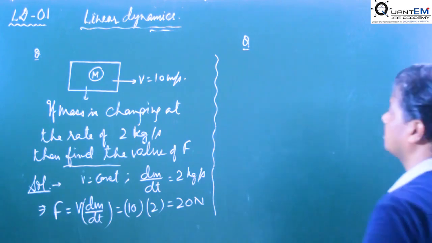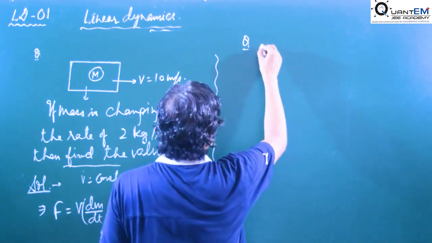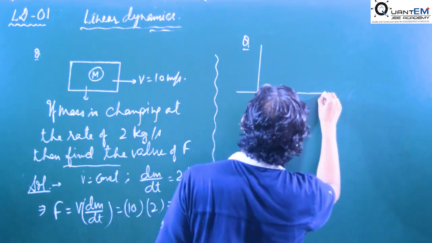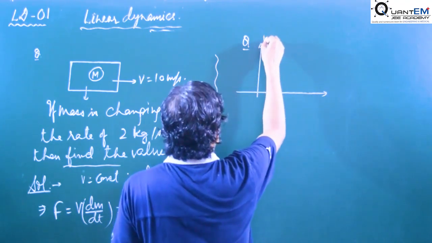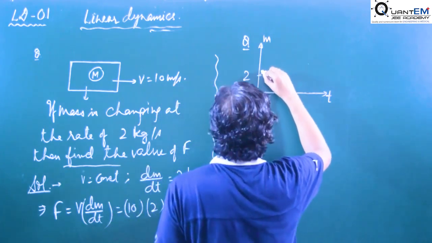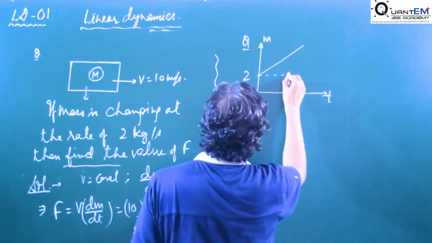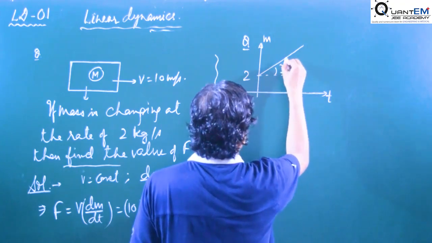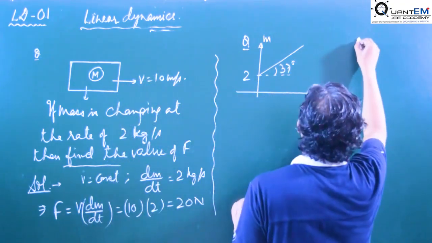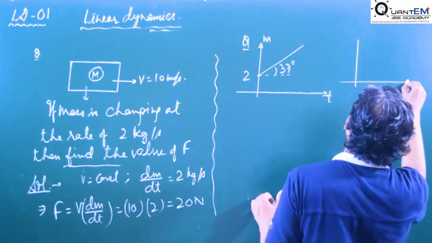Now see, we have a question. The mass of a body is changing according to this graph, where the angle is 37 degrees, and the velocity is changing like this.